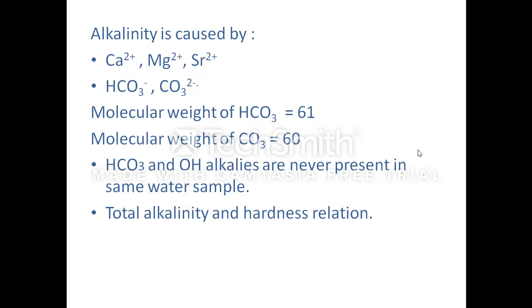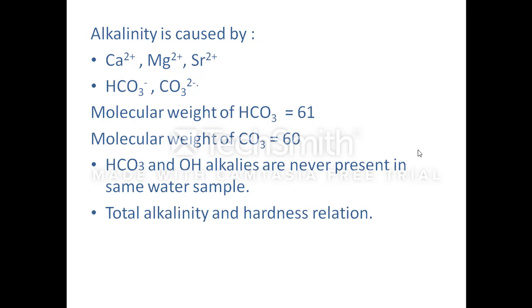Now consider the total alkalinity and hardness relation. In the previous lecture, I told you about the relation of hardness and alkalinity. Hardness is caused by carbonates, bicarbonates, chlorides, sulfates and nitrates. But alkalinity is caused by only carbonates, bicarbonates and hydroxides.